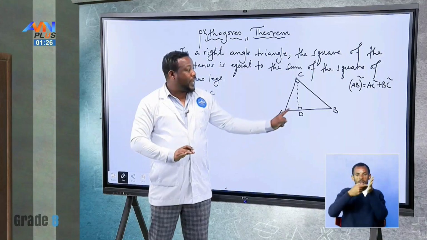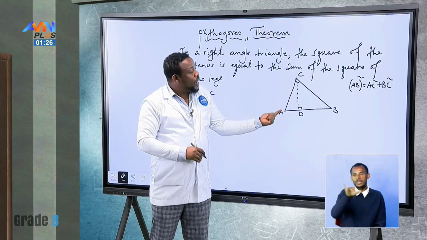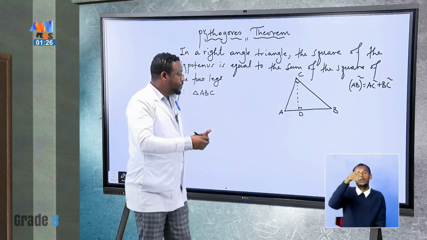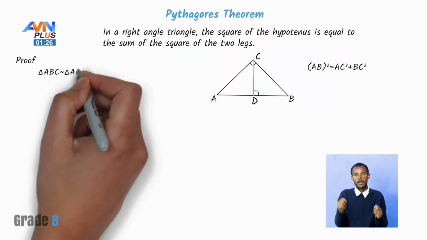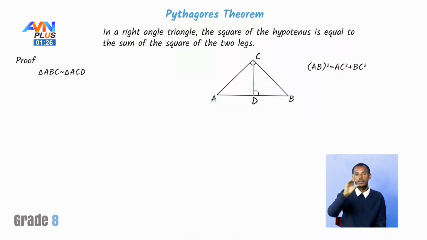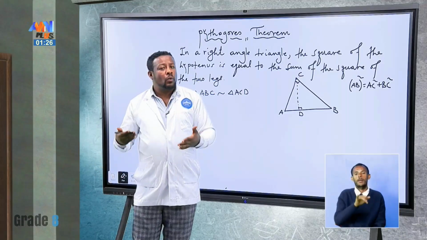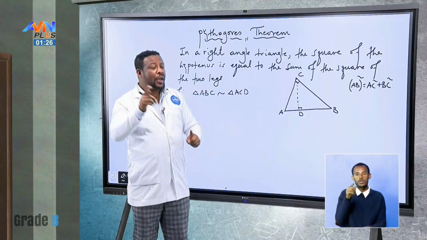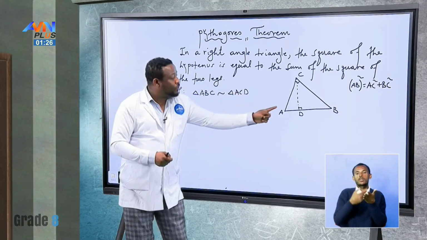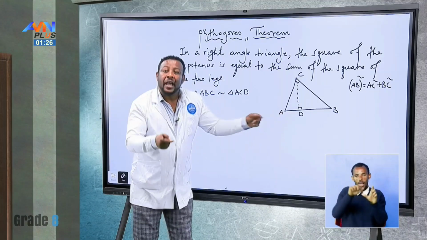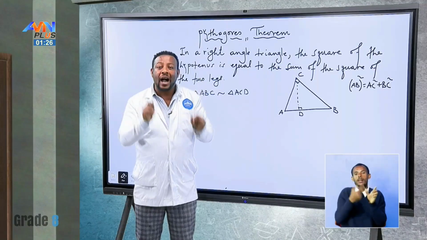Clearly, triangle ABC, the bigger triangle, is similar to triangle ACD. Why do you think these two triangles are similar? Well, you need to compare them. These two triangles have a common angle A, so they have one congruent angle.